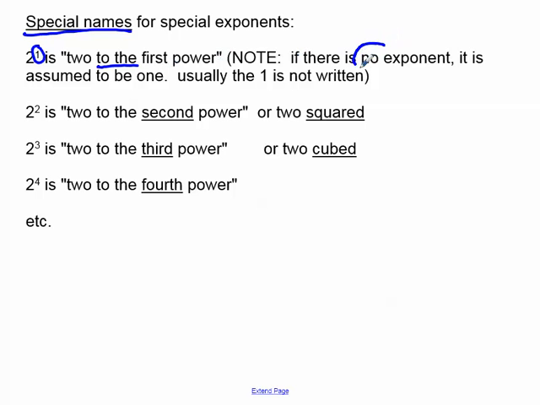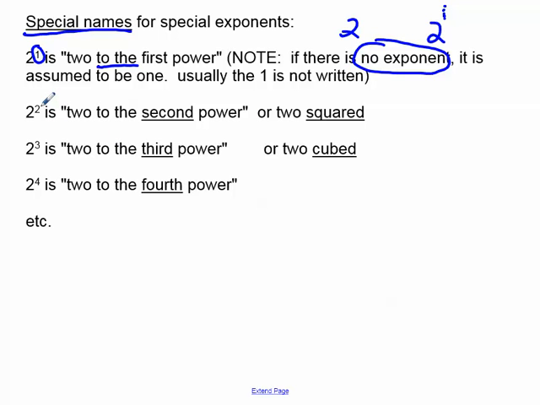Also, if there's no exponent written, in other words just 2, that's also an exponential term, and it's an unwritten 1. So if there's nothing written up here as an exponent, it's to the 1st power. Usually the 1 is not written, so it could be just 2, but 2 is also an exponential term.